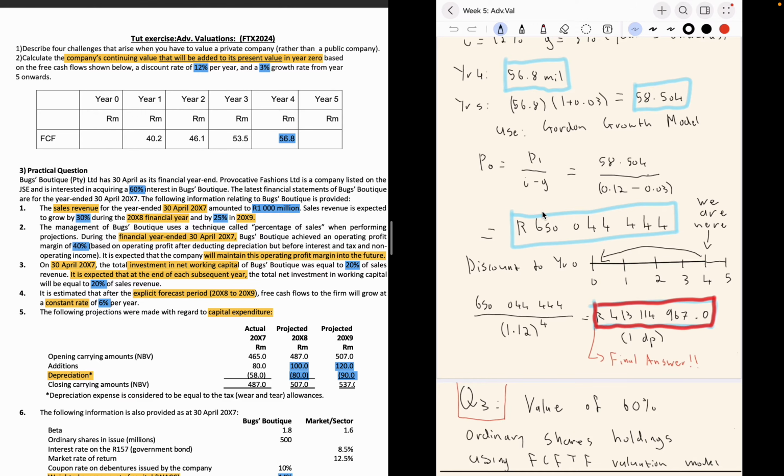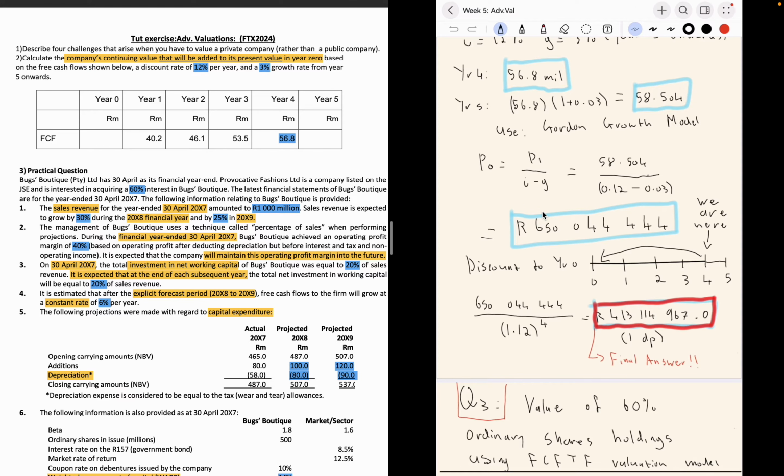So please note, this tells us that, in year 5, we have a value of 58.504. But that is in perpetuity, gives us the continuing value of 650,044,444. So we don't treat it as being at the end of year 5, we treat it as being at the end of year 4.